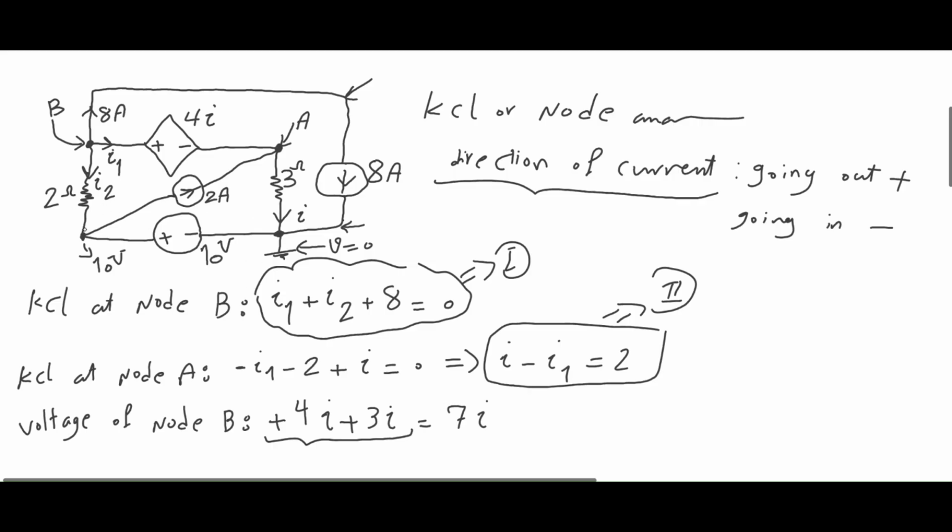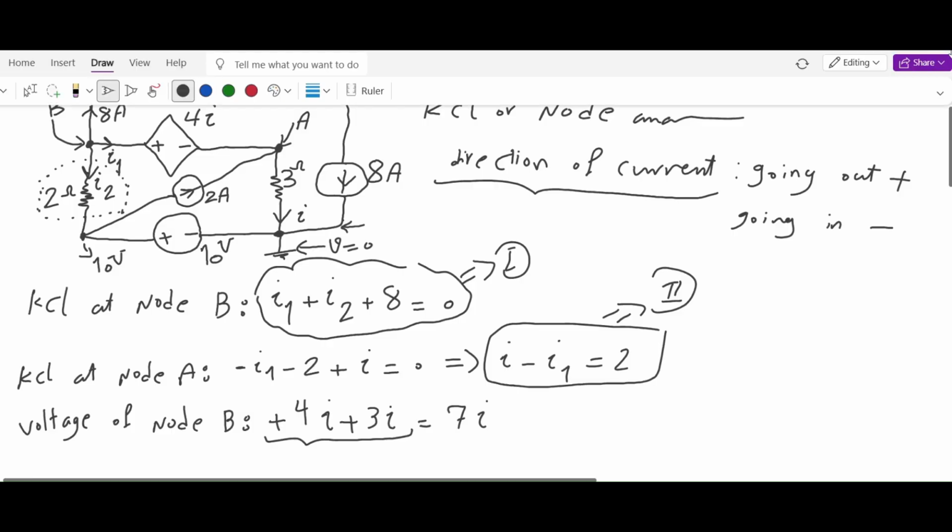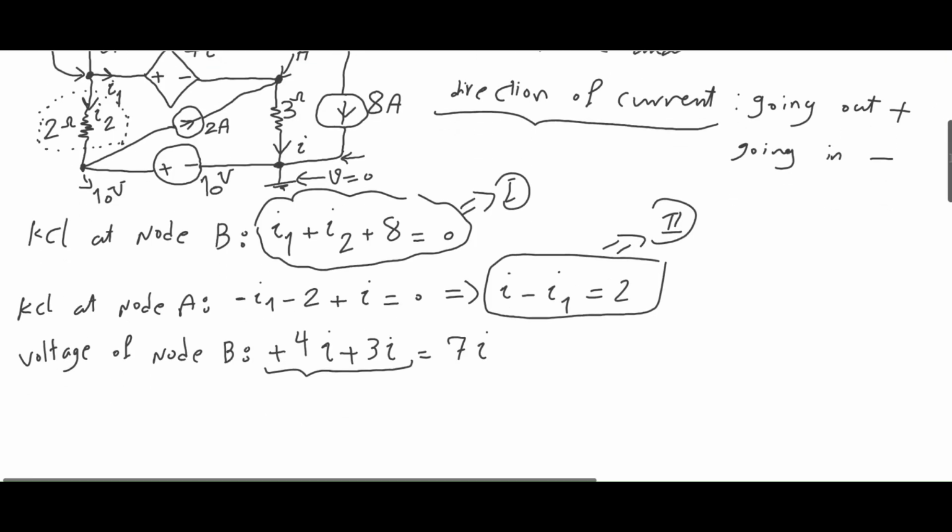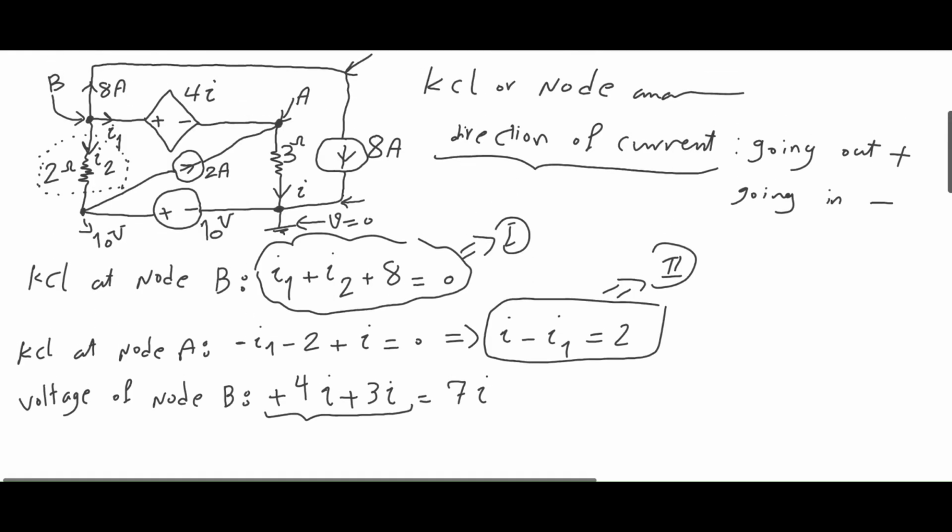I also know that the voltage of this node here is 10 volts. Why am I interested in the voltage of these two nodes? You're right. I want to figure out current I2 over here. So we know from Ohm's law that current is nothing but voltage over resistance.